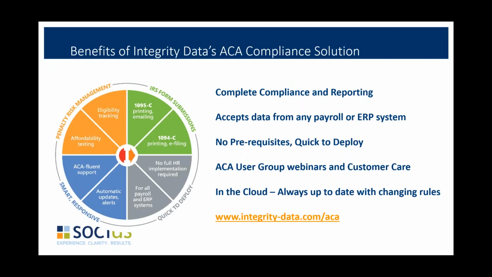From the Integrity Data perspective, this is just a different presentation of the same kind of things. Actually, Integrity Data does not do quite as much in regards to state and other local area tax filing, but in regards to the 1095C and the 1094C, they basically do allow you to print and email those.